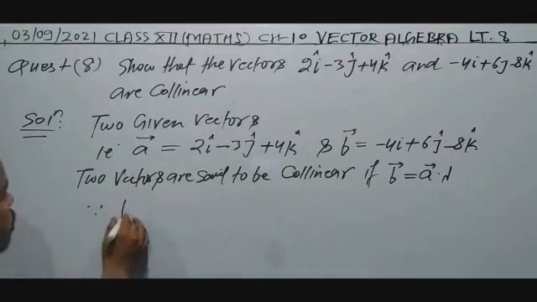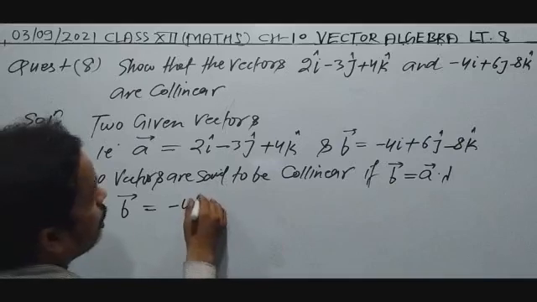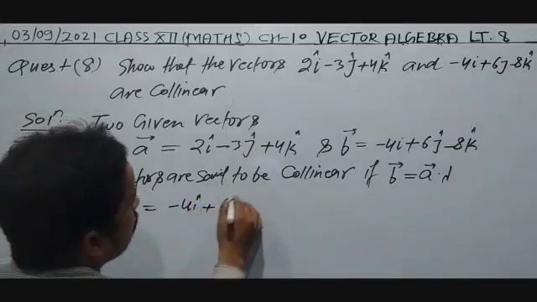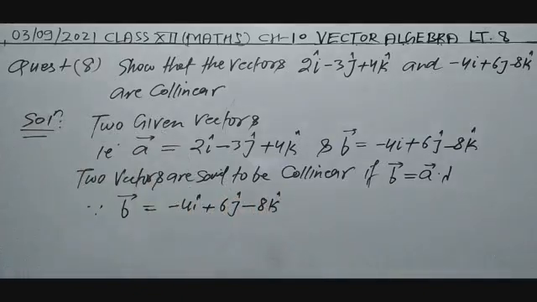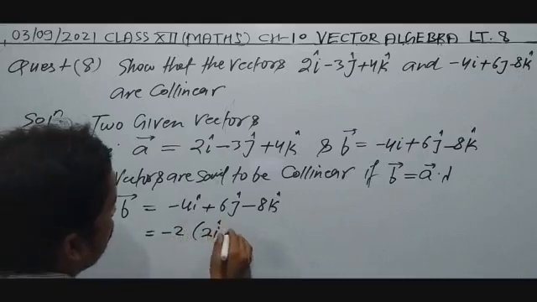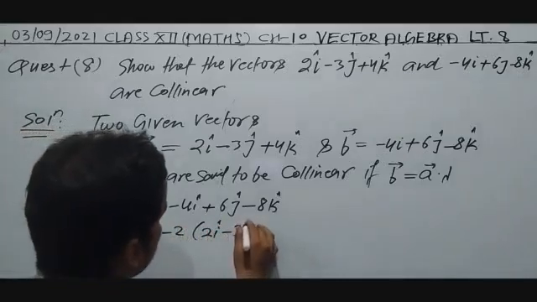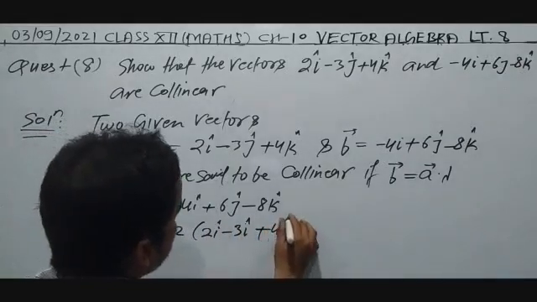Now since vector B we can write minus 4i plus 6j minus 8k, now you can take common minus 2. So result will be 2i minus 3j plus 4k.